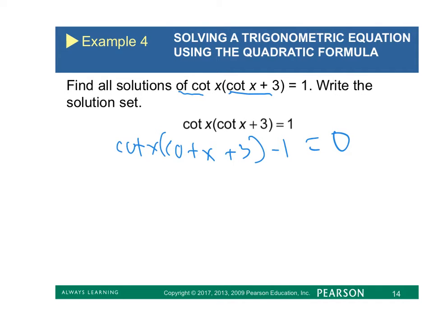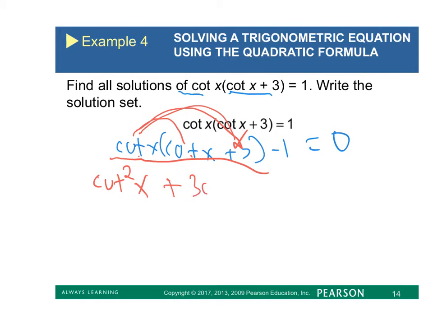I need to factor, but I can't factor because I have a minus 1 out here by itself. So I might have to distribute this cotangent of x in here and split it all up and then recollect and see what happens. Cotangent times cotangent is cotangent squared x. Cotangent times 3 is plus 3 cotangent x. And then I have a minus 1.